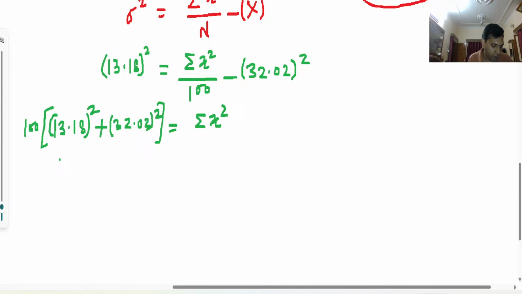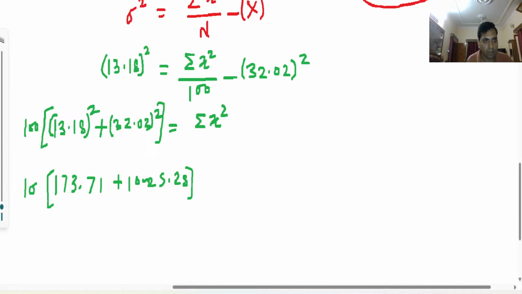This is incorrect sum of squares. So incorrect sum of squares, first we will find 13.18 square. So 13.18 square is 173.71. We will take two decimal places. And for this 32.02 square is 1025.28, and we will add this quantity and then multiply it with 100.